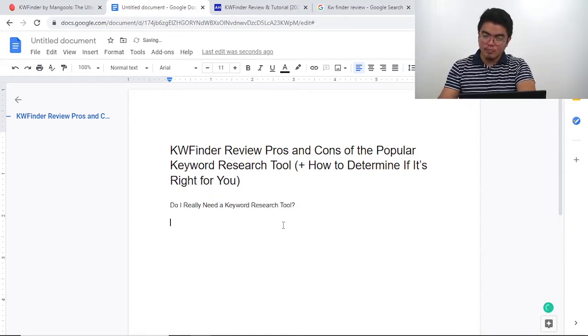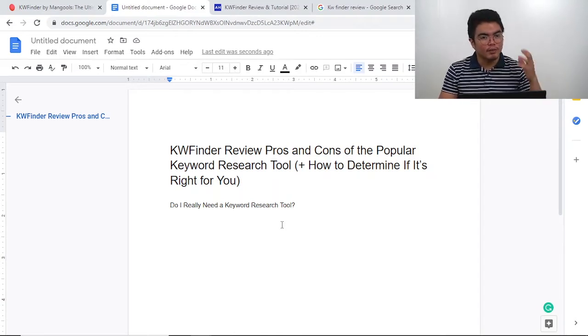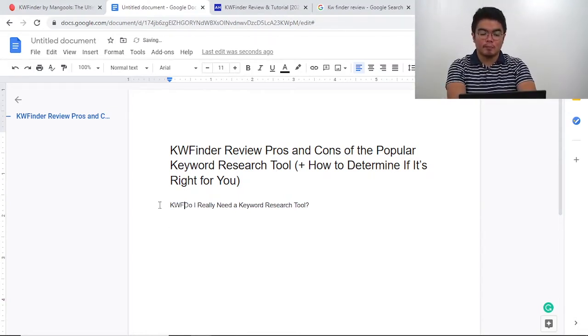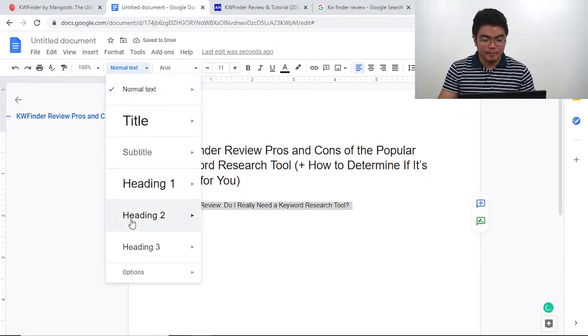So we want to help beginners right away determine whether or not buying a keyword research tool is worth it, or if they should just stick with free keyword research like Answer the Public or Google search auto suggest. I also want to mention that you want to put your primary keyword in the H2s whenever you can. So let's just put that over there.